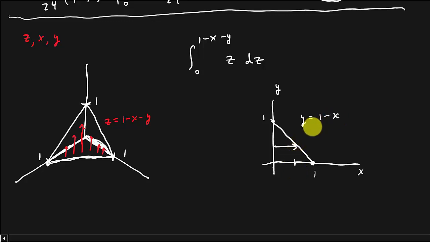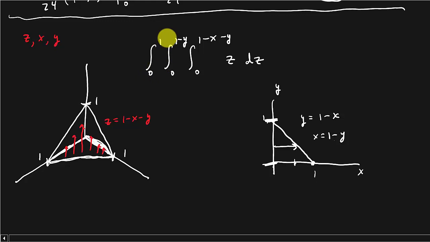Well, what is x? x is 1 minus y if we solve this for x. And so on the x, we're going from 0 to this line, which is 1 minus y. And then for y, we're going from 0 to 1. 0 to 1. And there's that one set up.